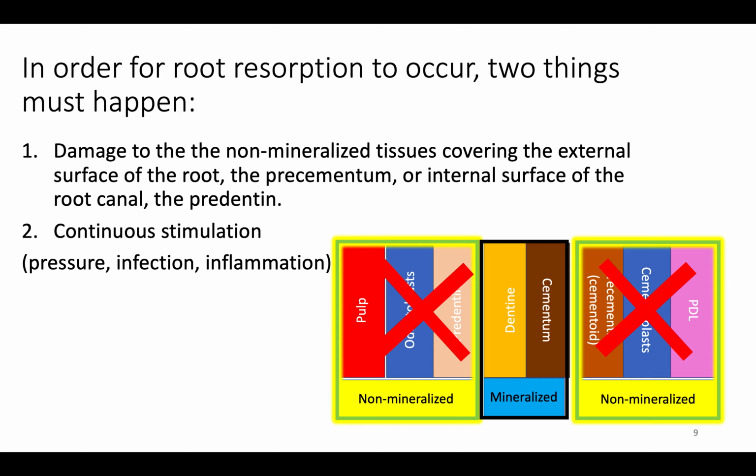So if this damage was just transient and there was no stimulation, then the process will arrest. But if there was continuous stimulation, in other words, if there was pressure by an impacted tooth or by orthodontic forces, or if there was an infection in the root canal or inflammation, then the resorptive process will progress.